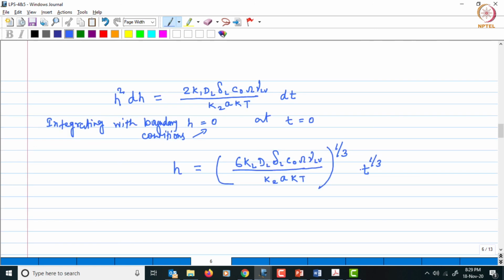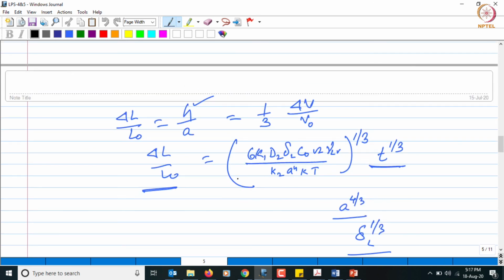Okay, so first H was derived from the material removal rate dV by dt with an expression like this. Okay, and from that the shrinkage delta L by L naught was derived as H by A, which will ultimately give rise to an expression like this. Okay.